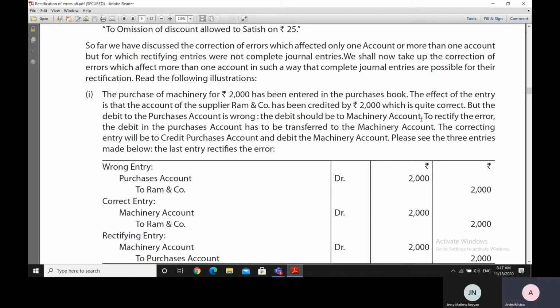So to rectify the error, we'll have to reverse the debit in the purchases account and transfer it to the machinery account. So the correcting entry will be that we credit the purchases account and debit the machinery account. With the help of this journal entry, the rectification would be made.